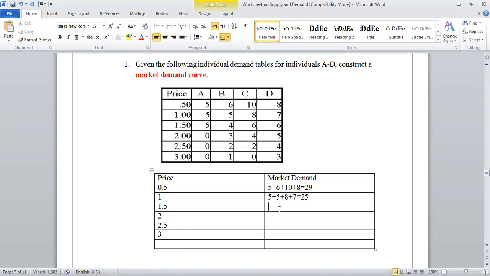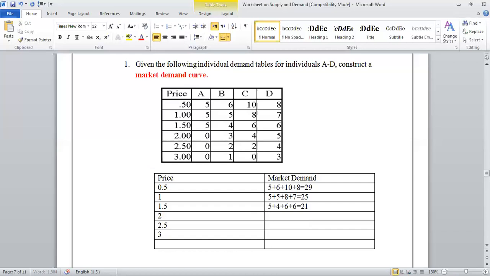At 1.5 you have 5 plus 4 plus 6 plus 6. That's 21. I hope that you're doing this with me.